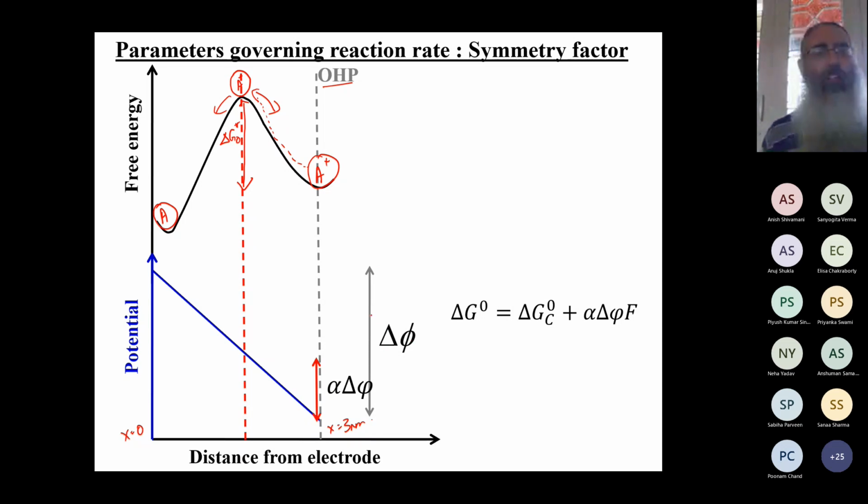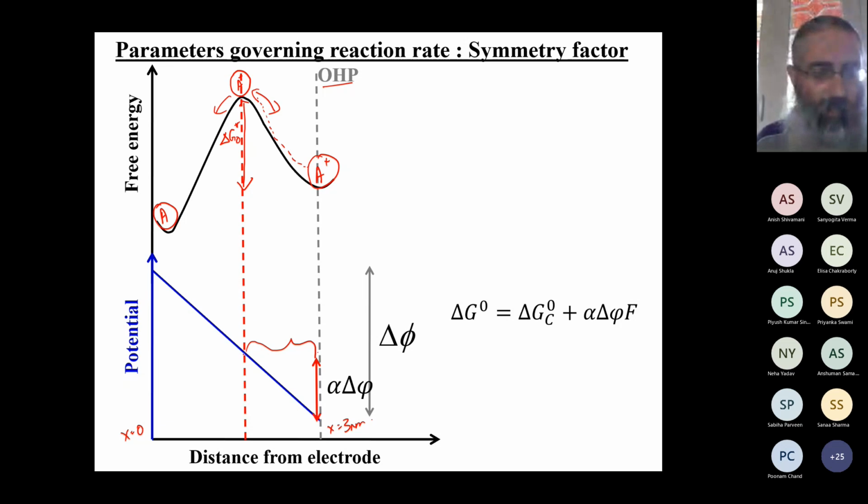But what is interesting to note here is that you need to supply only a small part of the energy. That means the contribution of the potential profile to taking this A plus, which is sitting at the OHP, till the transition state. That is the energy that you need to supply, and only that part of the potential profile is going to do the job.